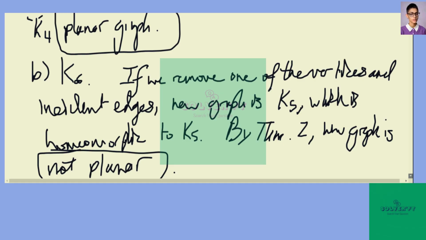In part C, we're given the graph K3,3, the complete bipartite graph.